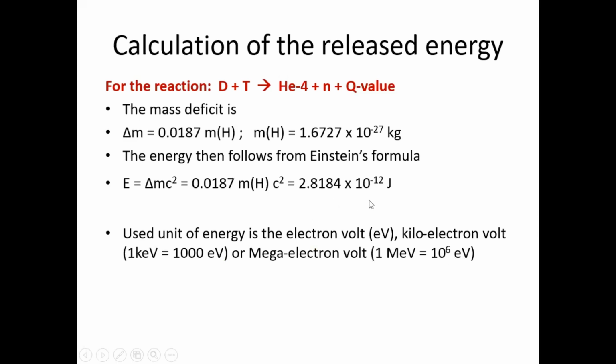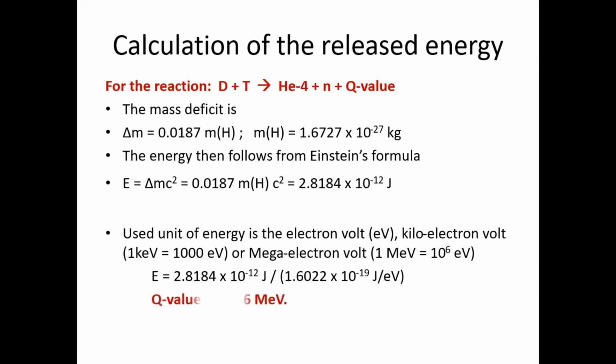The conversion of electron volt and joule is very straightforward. We divide by 1.6 times 10 to the power minus 19 joules per electron volt. Therefore, the Q value comes to be 17.56 million electron volts for this reaction.